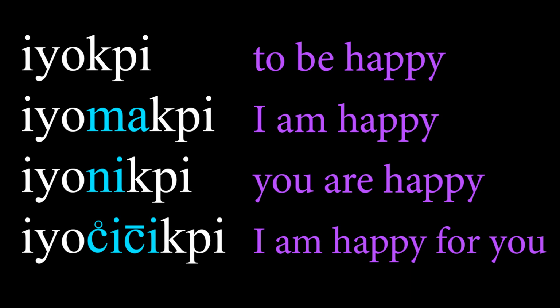That first chi, that part, iochikpi, that iochi, just this chi part, the C with the circle over it and then the I. This part means I and you. In this sentence, I am happy for you.